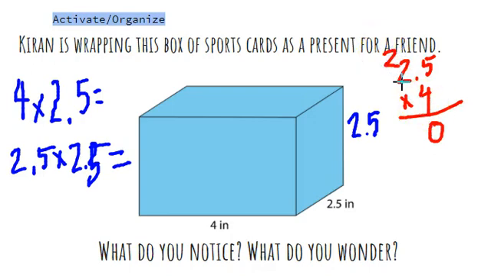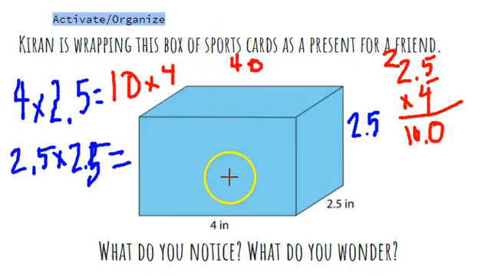Carry the 2. 4 times 2 is 8, plus 2 makes 10. I've got one digit to the right. Tenths times a whole number, so that means I should have just 1 here. That should give me 10. I've got 4 sides that are the same, so that means I've got 40 square inches around the outside.